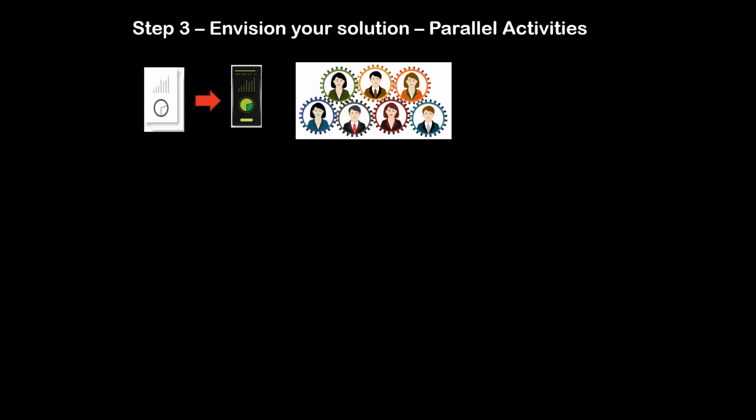So what you're doing here is testing your solution with the users without doing real coding or development. And you're doing this validation in multiple rounds. You sketch some UIs, take them to the users, learn from their feedback and incorporate it back into your work.